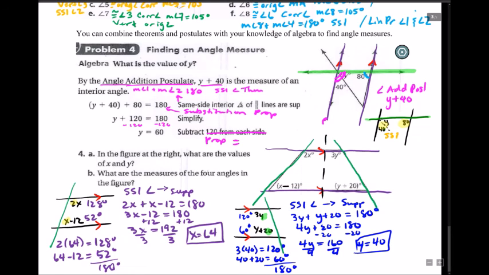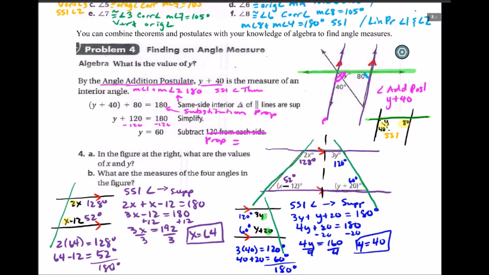And again, I check it, adds up to 180. So I could just go up here and label my angles 128 degrees, 52 degrees, 120 degrees, and 60 degrees. And so I found the values of x and y and found the measures of my four angles.